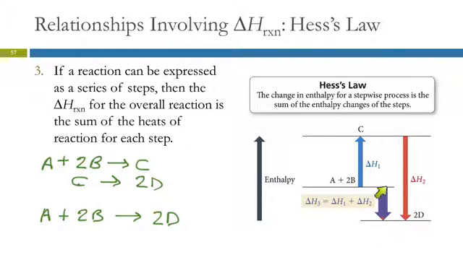So the one we're interested in is going from A plus 2B down to 2D. But we could get there by first going up in enthalpy to C and then coming down to 2D. The difference is the same. This change is equal to this change plus that change. You okay with that?